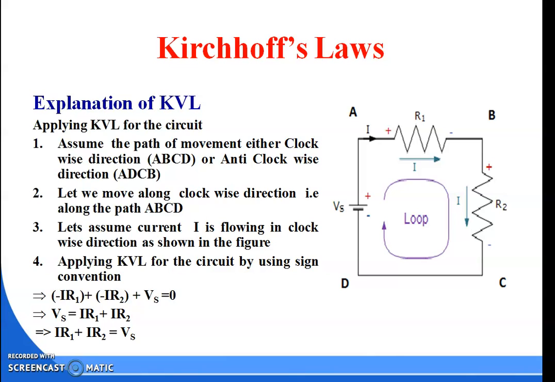We know the voltage formula, V is equal to IR by Ohm's law. So the formula for the R1 resistor is IR1 and for the R2 resistor it is IR2. That means it is connected in series, so the formula is like this.